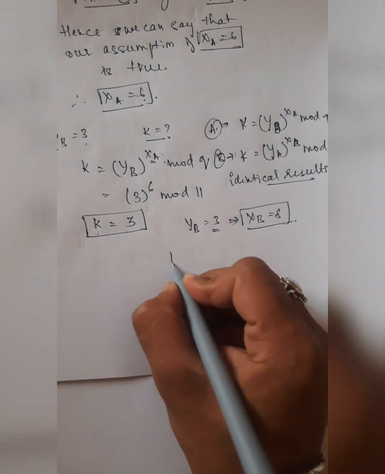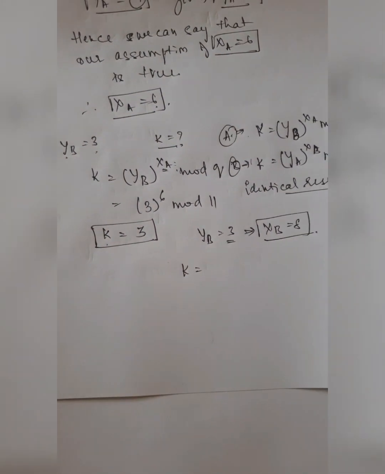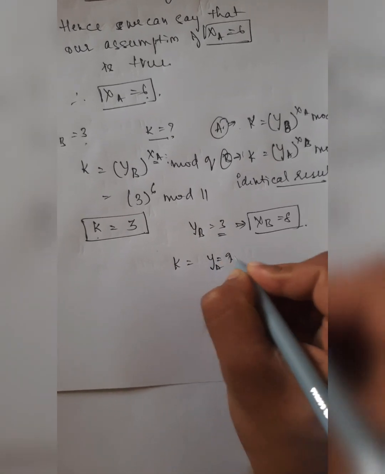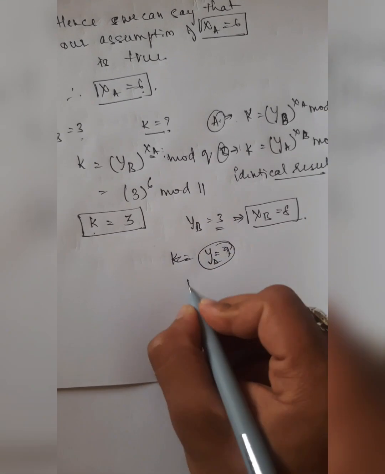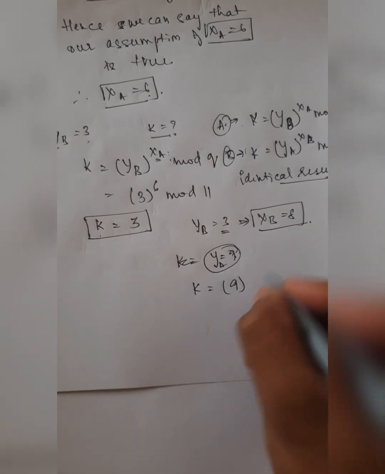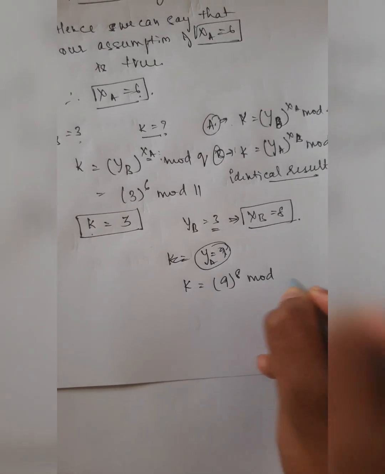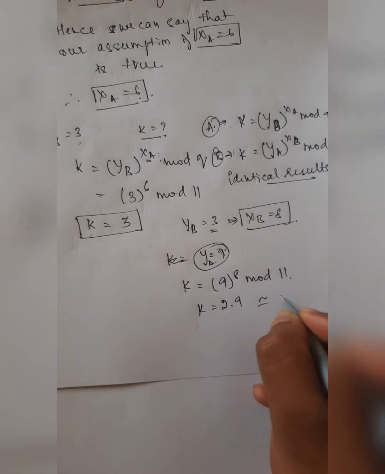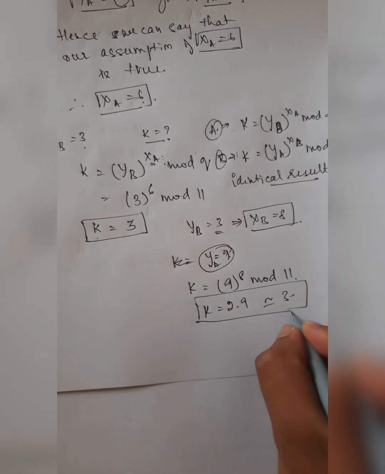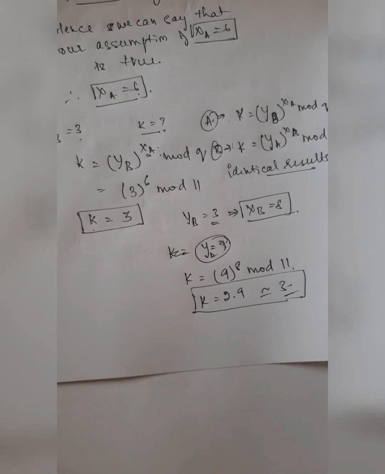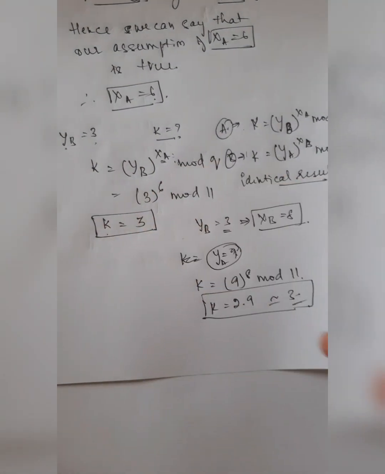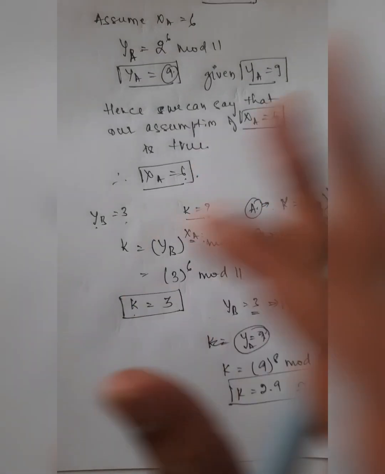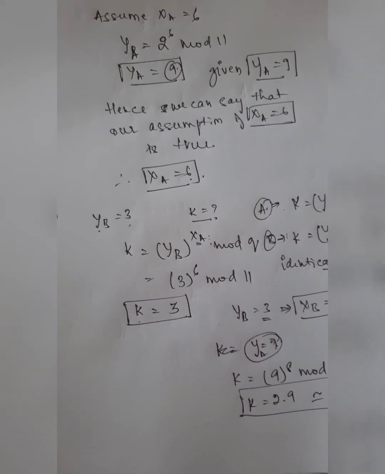Therefore if you substitute this in the formula where ya is given as 9, k is equal to 9 to the power 8 modulo of 11, you get k as 2.9, which is almost equal to 3. We can't take decimal numbers, we have to take a whole number, which is 3. So your key answer is 3. You will get the same answer, identical results, if you do it in any way. Okay, this is all about your Diffie-Hellman key problem.